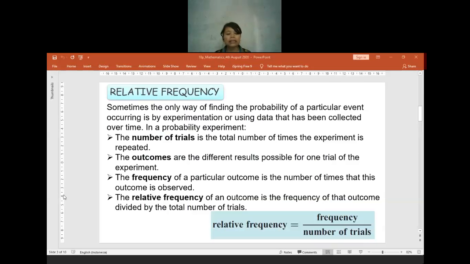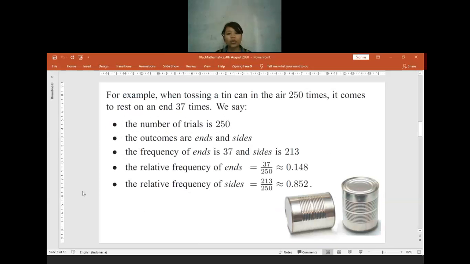To make it easier, maybe I will show you with an example here. This is an example where we don't know the probability. I have a tin can and I throw it 250 times.